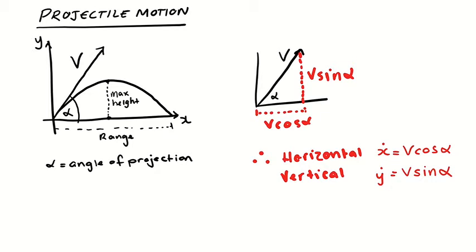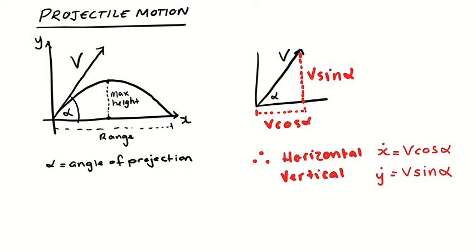The horizontal distance will be v cos alpha, which makes sense because cos is adjacent over hypotenuse. So we can write the horizontal component of the initial velocity as v cos alpha, and the vertical component as v sine alpha.